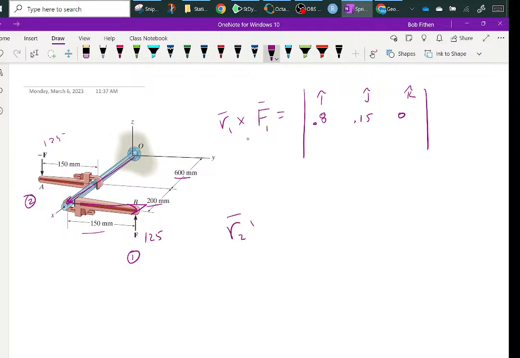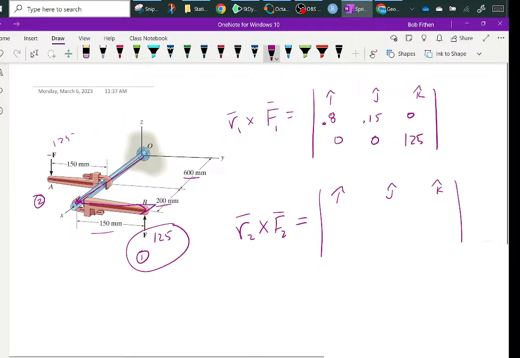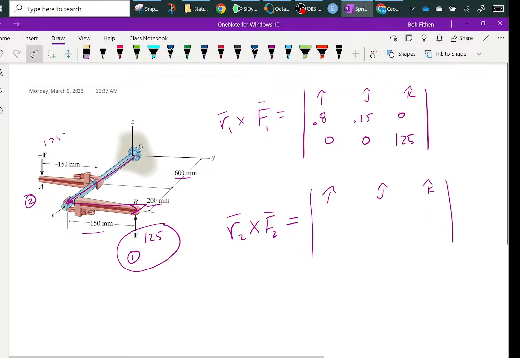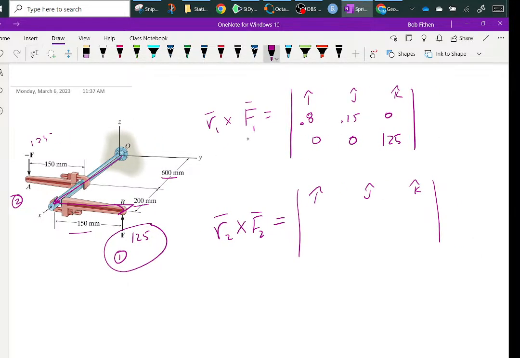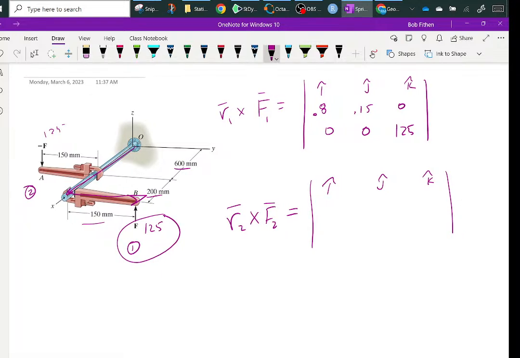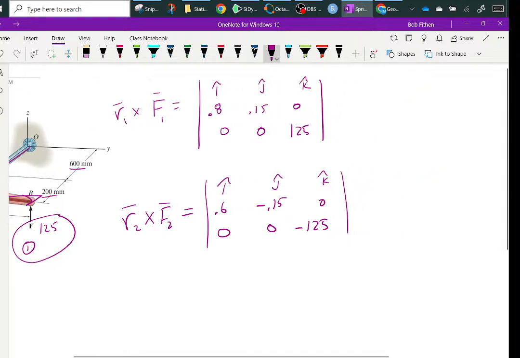And R2 cross F2. Oh, I forgot to put in the force. This force goes in the positive Z, 125. I, J, and K. And R runs out 0.6, and then it runs backwards 150. And then it runs 125 the other way.